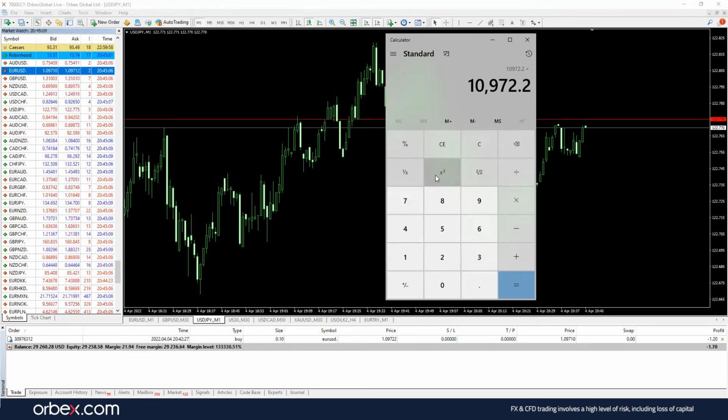Sorry, divide that by 50 leverage. So I'll need 219. It's telling me that I'll need 10 times that amount, because my leverage has gone from 500 down to 50, which is 10 times more as well.